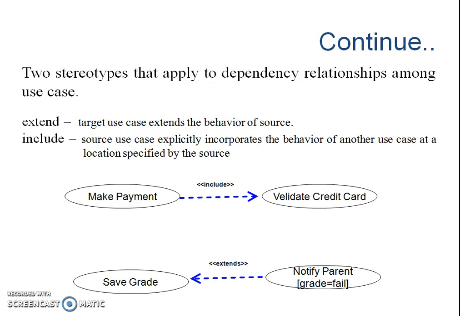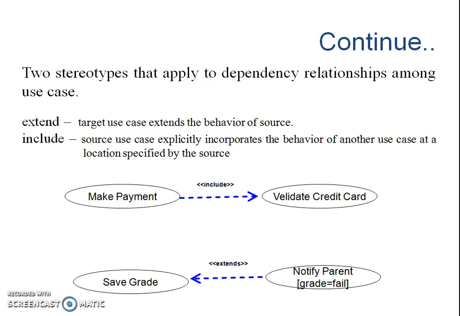Next is the extend. Extend says that the target use case extends the behavior of the source use case. For example, save grade is a use case and notify parent is another use case, and notify parent is extending the behavior of the source save grade use case.